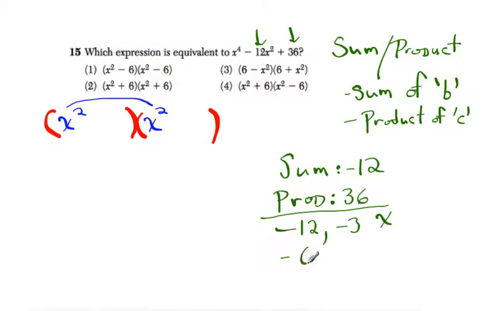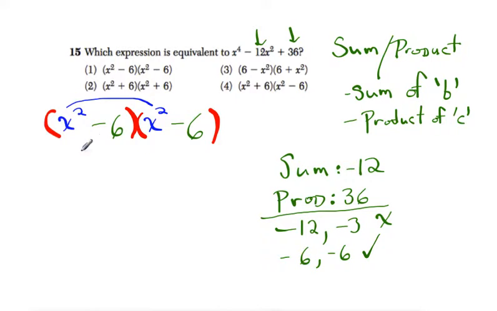Then I'm going to try out negative 6 and negative 6. Again, they multiply to positive 36, and negative 6 minus 6 is correctly negative 12. So those are my two numbers. I'm going to put those in my binomials, including the sign. Whatever your sign is when you find these two numbers, those have to go in your bubbles. If you got positive 6, you would have to put in a plus sign here. And that would be our correct answer here.